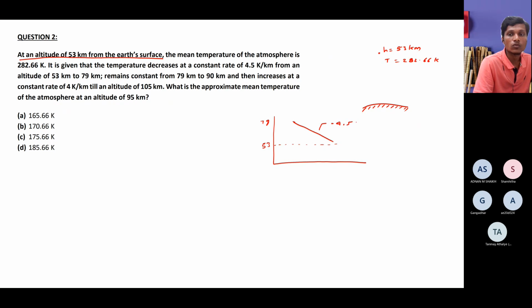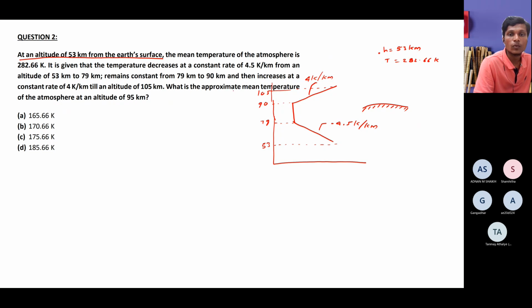The minus belongs to the decrease in temperature, 4.5 Kelvin per kilometer, and then it remains constant from 79 to 90, up to 90 kilometers it is constant, and then it increases again at a constant rate of 4 Kelvin per kilometer up to an altitude of 105 kilometers.